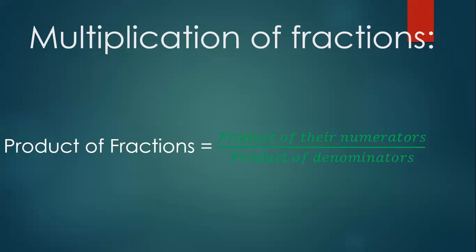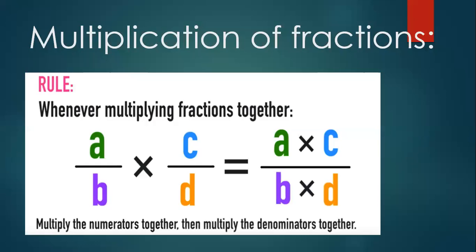Product or multiplication of two fractions or more, even if we have to multiply 3, 4 or any number of fractions, we'll multiply all the numerators and write it in the numerator. We'll multiply all the denominators and write it in the denominator. For example, if I have fractions a by b multiplied by c by d, we multiply a and c, and we multiply b and d.